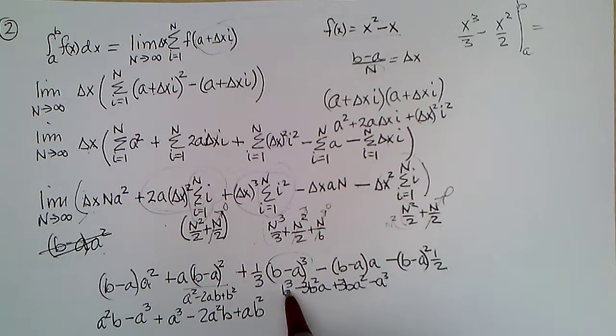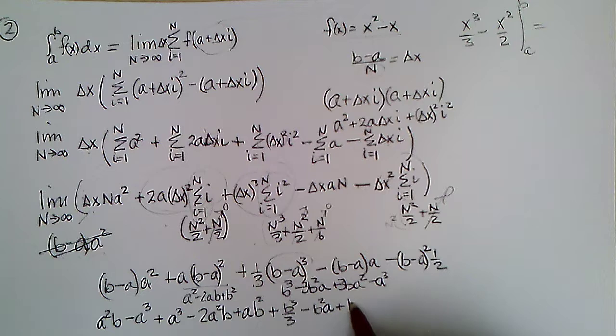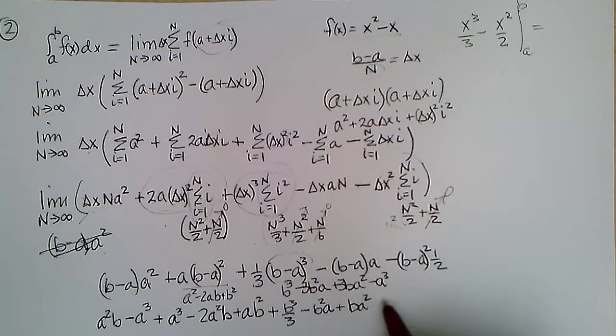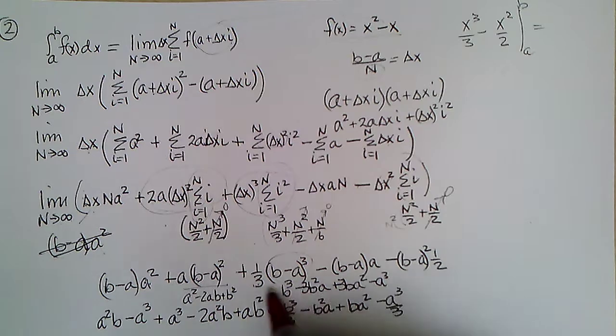We got it times 1/3, so we got plus b to the third over 3. The 1/3 cancels the 3, and minus b squared a. 1/3 times that would be plus ba squared minus a to the third over the 3. The 1/3 doesn't cancel on that one.